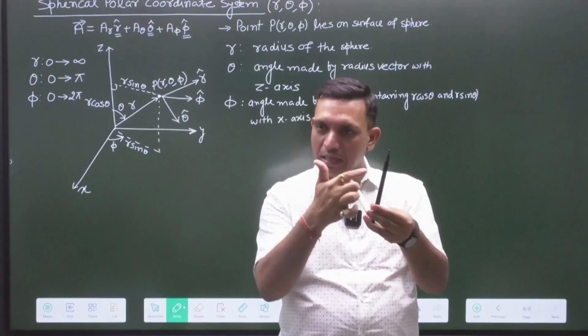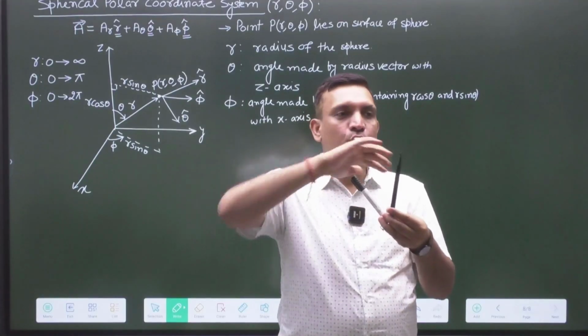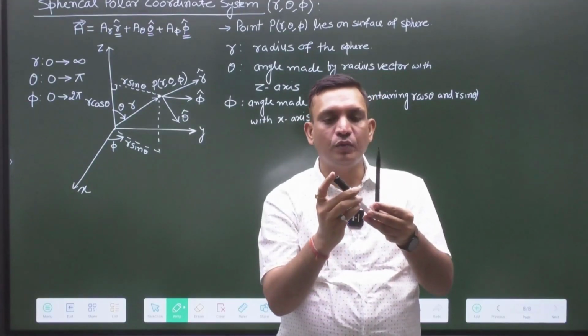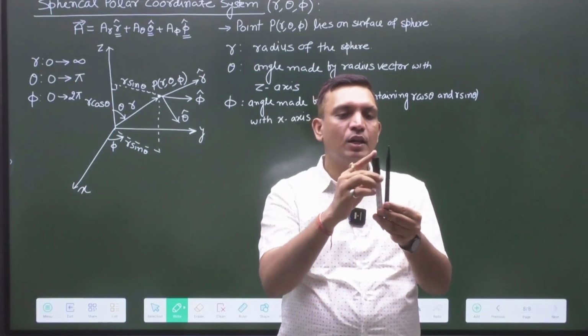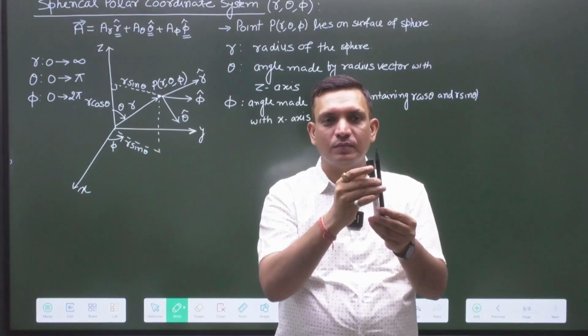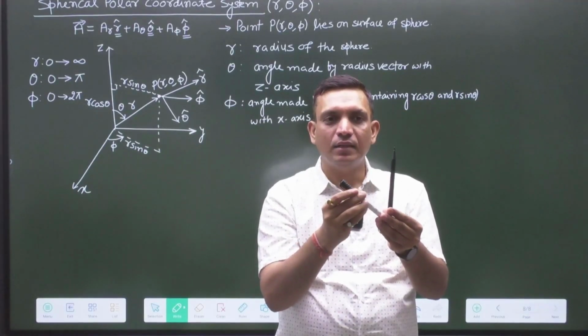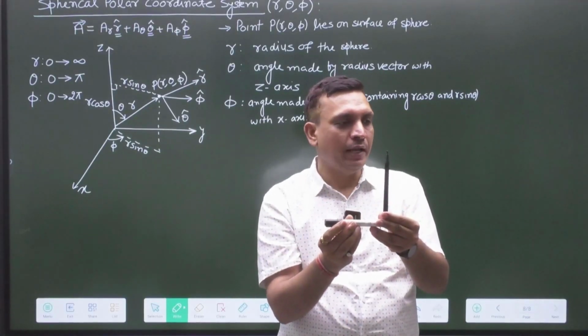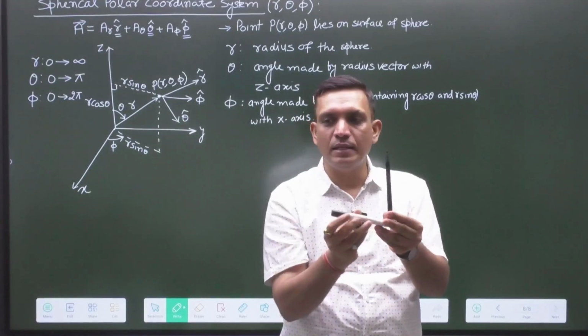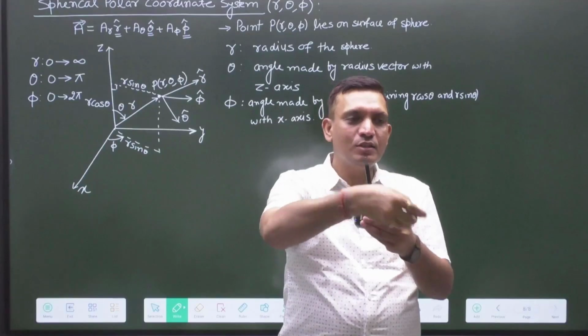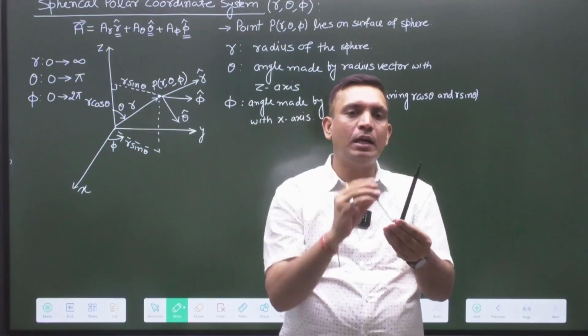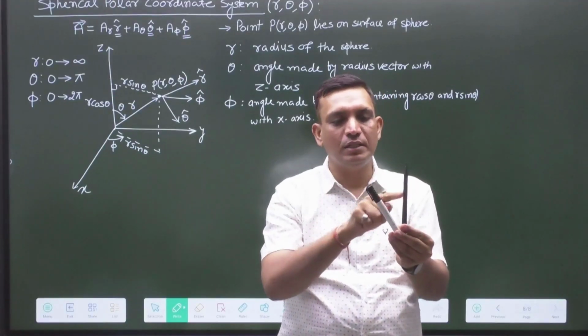The radius vector is here, this angle is also theta. It means if you consider the upper hemisphere, the radius vector may be at any point. When the radius vector is along z, what will be theta? This is angle theta. When the radius vector is in the xy plane, it is pi by 2. If you rotate this in the xy plane, theta is pi by 2. So in this symmetry, 0 to pi by 2, you can cover the upper hemisphere, all directions of theta. This is also theta.